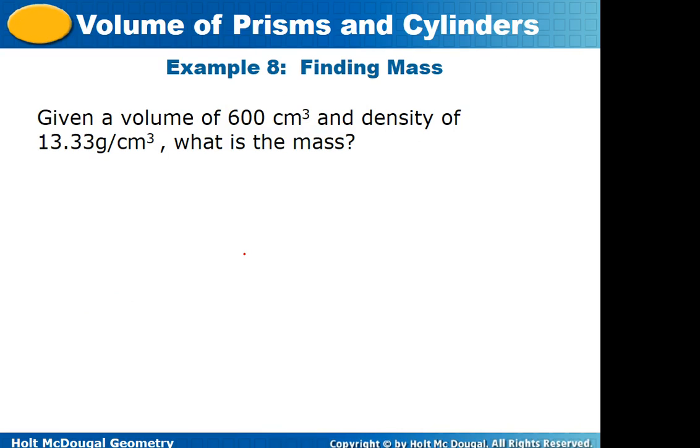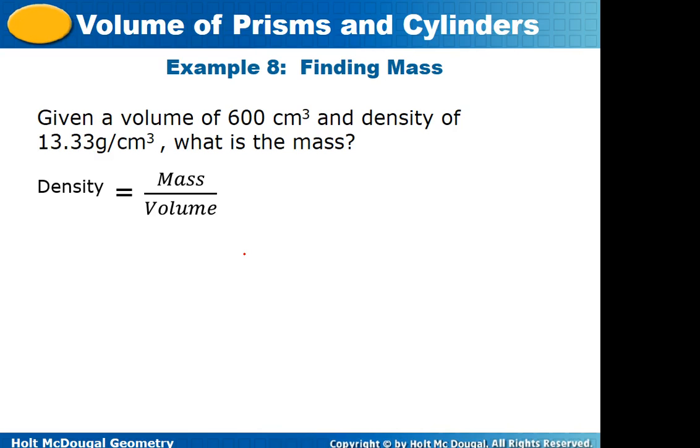So the next two problems, guys, we're going to still use our formula, density equals mass over volume, but we're solving for different things now. We're not solving for density on this problem. We're given the density and the volume, and we're trying to find the mass. So again, we're just going to put those into this formula. Given the volume, that's going to go on the bottom.